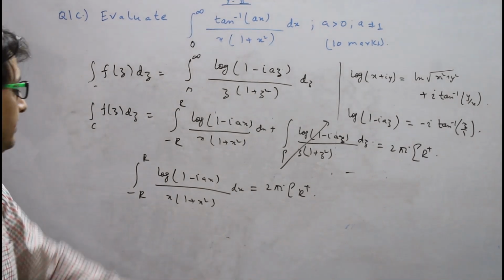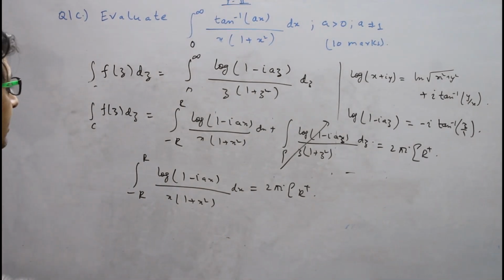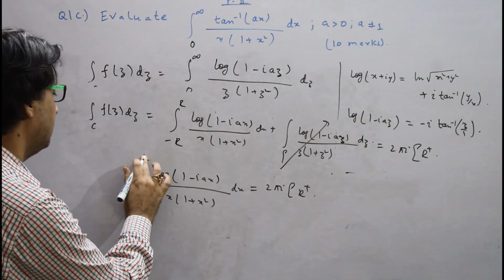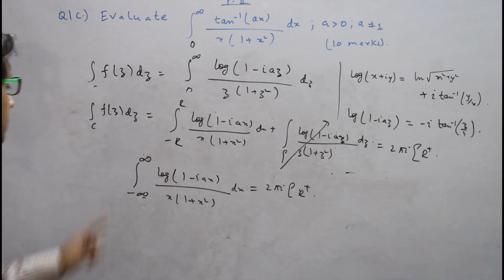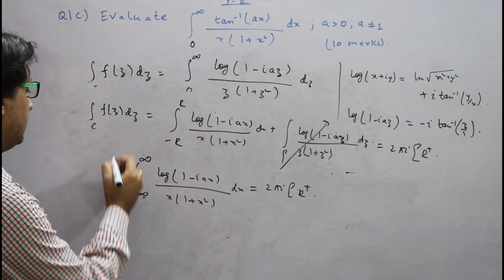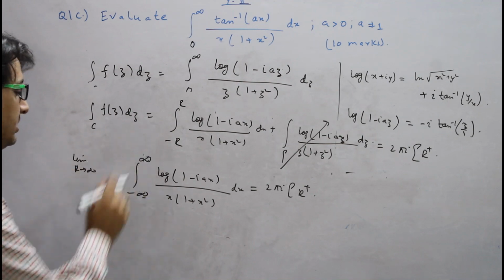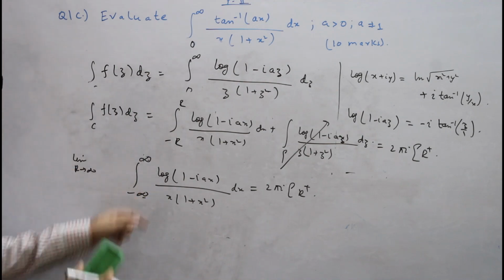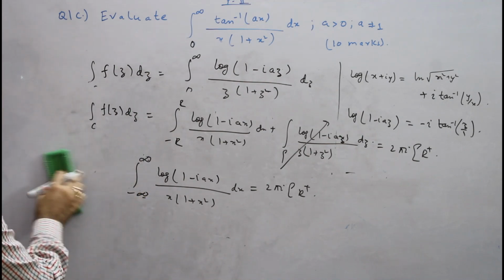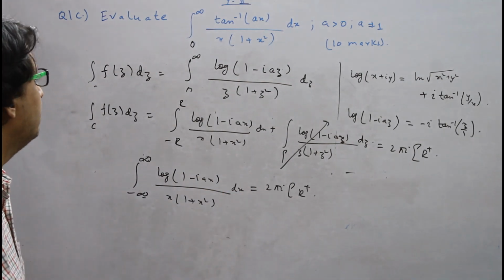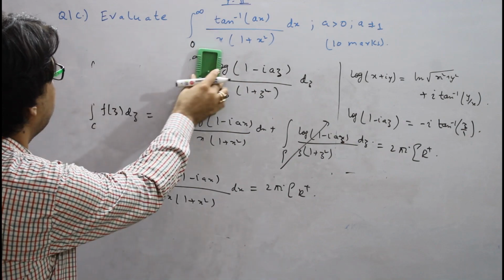So find this one, and our values of r tend to infinity to minus infinity. I have changed it because r was tending to infinity, so I have replaced it like this. Now I am just concerned with this part, and I will find the residues at the poles, and then I will find the value.